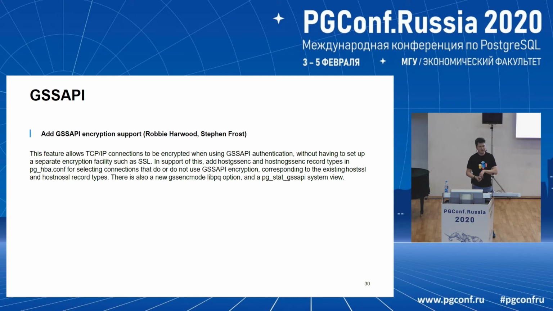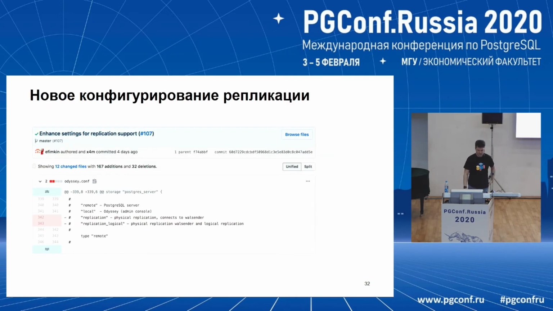And PgBouncer, at the moment of the release of Postgres 12, was not supporting it, and didn't know what to do, and just interrupted the connection. Now it has been fixed, and the client will request a TLS connection only when the pooler says so.